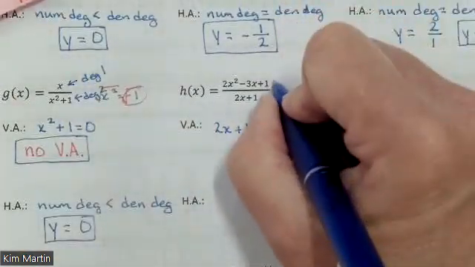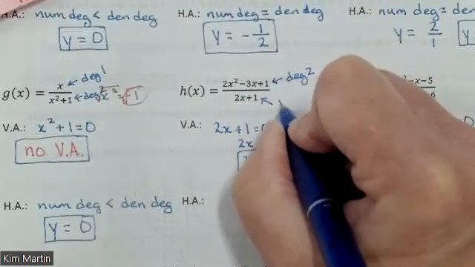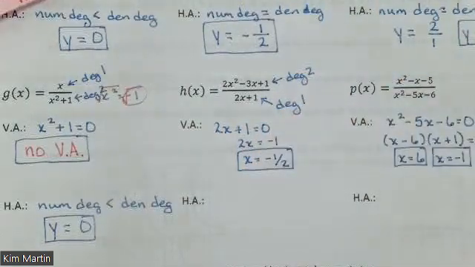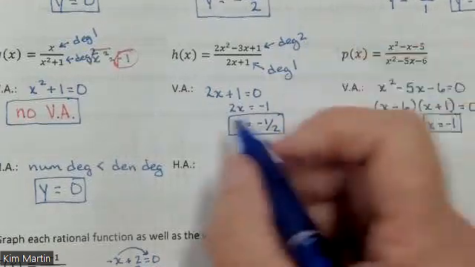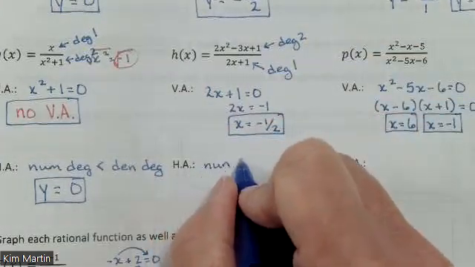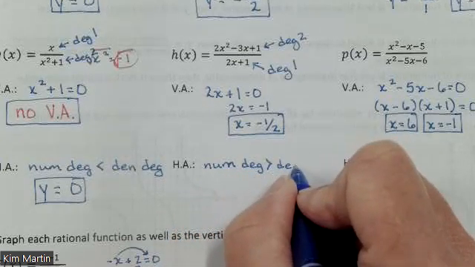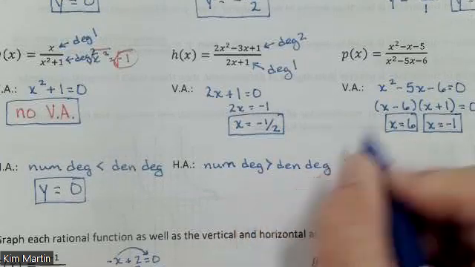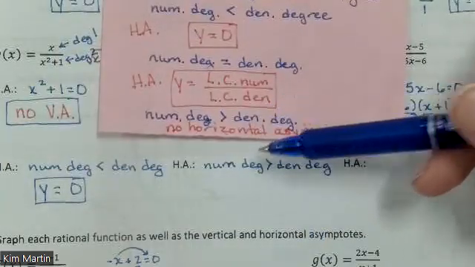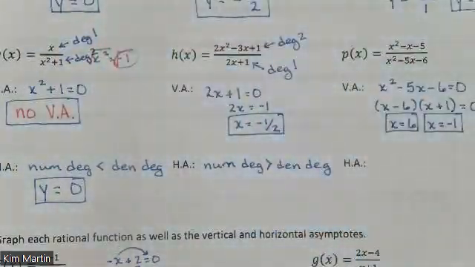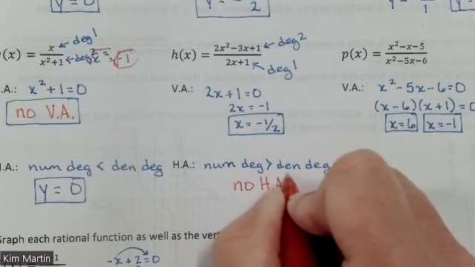Now here we have a degree of 2. Here we have a degree of 1. So in this case, our numerator degree is greater than our denominator degree. When that's the case, there's no horizontal asymptote. No horizontal asymptote. And you can just put HA.